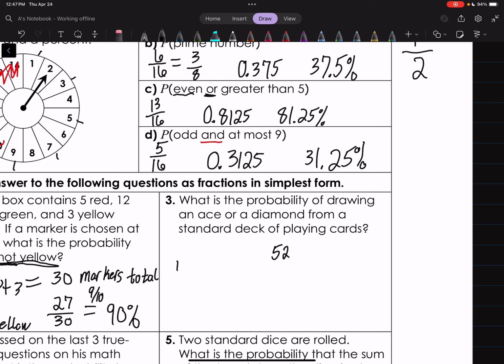You have diamonds, you have clubs, you have hearts, and you have spades. Each one of these has 13 cards in it. So, ace to king is 13 cards.